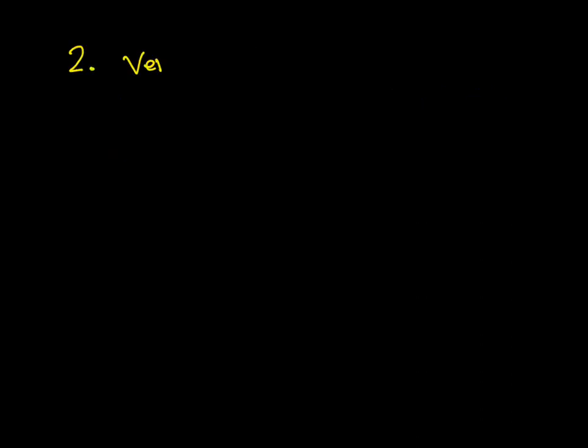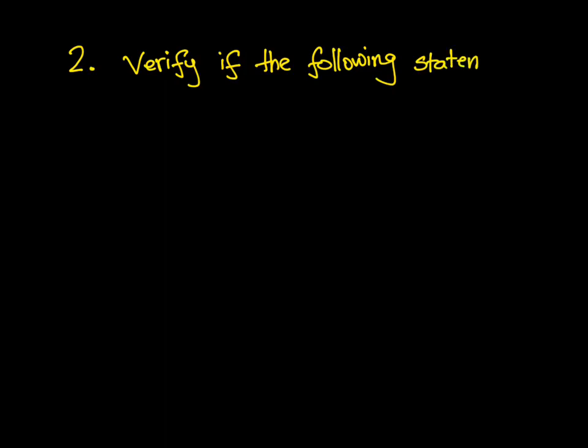Okay. Second question. Verify if the following statement is false, which means it's not true, by finding a counterexample. A counterexample is that one example that goes against the statement.